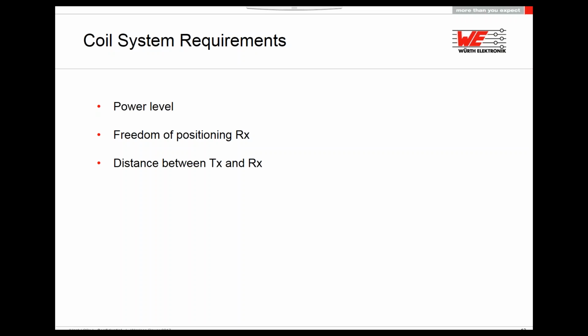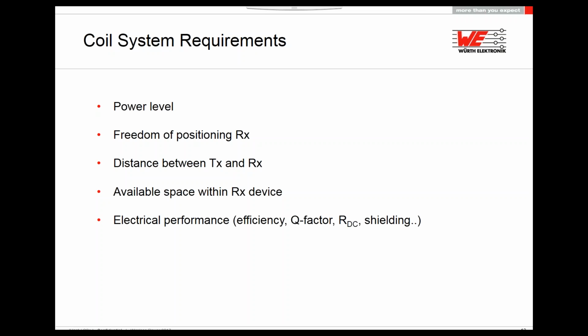So over what distance would I like to transfer this energy? Do I have limited space within my receiving device, which will affect my choice of receiver coil? Electrical performance, do I have some upfront decided parameters such as RDC, inductance, and others? And finally, price.